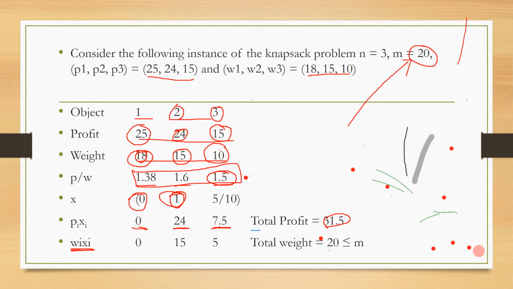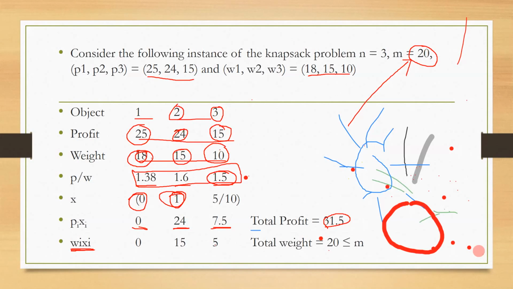Object number 3's weight is 10, and 10 into 5 by 10 is 5. So totally 15 plus 5 is 20. 20 is less than or equal to m, and m is 20. So from this problem, we got a profit of 31.5 and the total weight is less than or equal to 20 kg. So these are the steps to solve the knapsack problem.